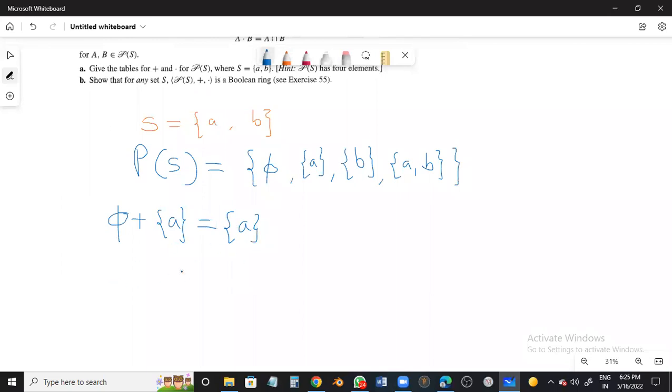Okay, so it's better. Let us have a table with us. I think you got the concept. So let's have a table for addition.